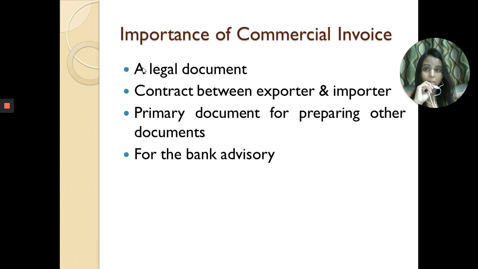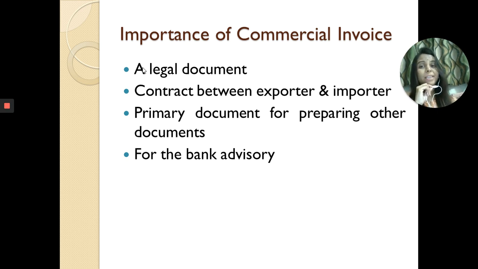This is the first document by which the other documents are prepared. The importance of the commercial invoice: it is a legal document, a contract between exporter and importer, a primary document for preparing other documents, and for bank advisory also. To prepare the other documents we need the commercial invoice. If we have to prove a contract between exporter and importer, the commercial invoice is needed.